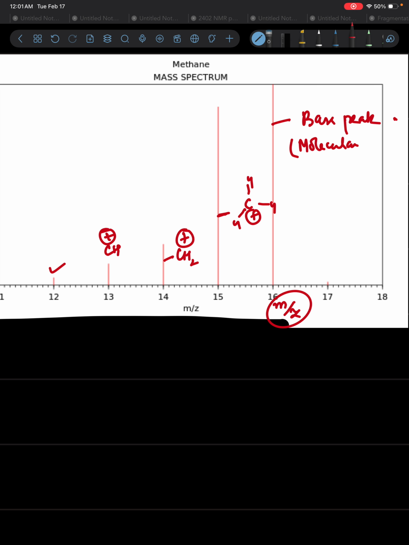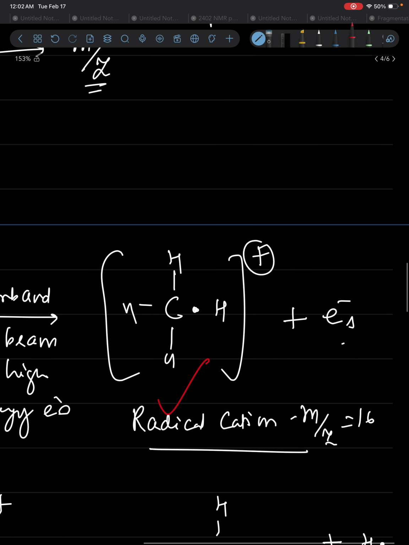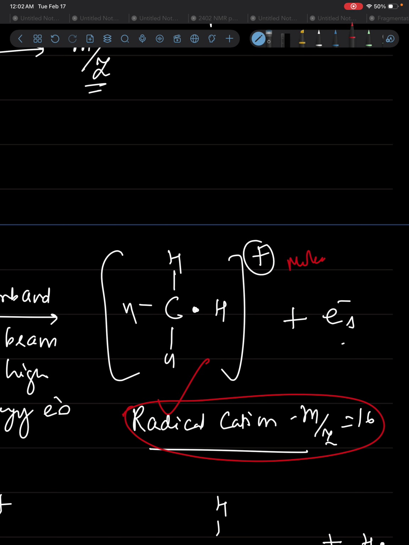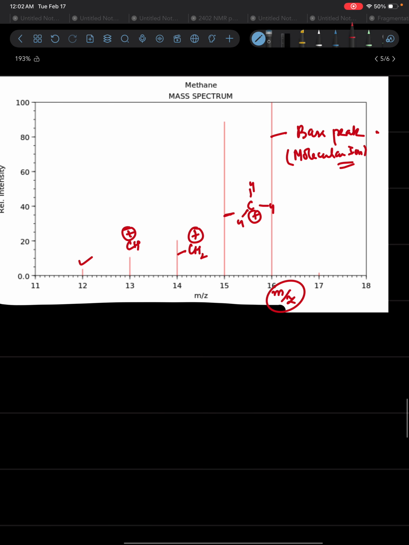This is the peak which corresponds to the molecular ion, the main ion, which is formed just by knocking off one electron. So this is not only the ion corresponding to the base peak, it is also called the molecular ion. The molecular ion is generally represented as M with a positive sign. The base peak is the tallest peak, but it can be a molecular ion or cannot be a molecular ion.